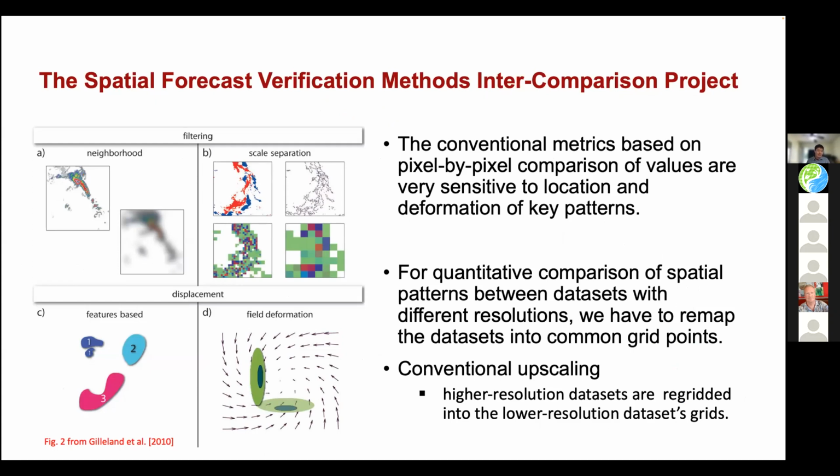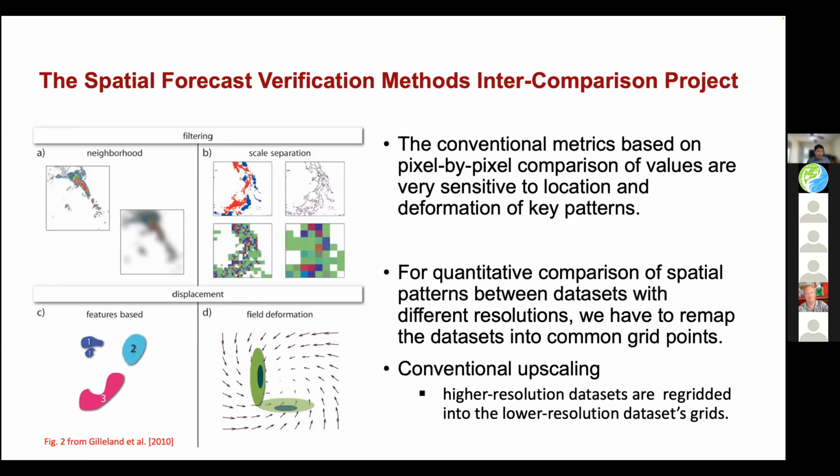I highly appreciate this project because conventional metrics based on pixel-by-pixel comparison of values are very sensitive to the exact location and deformation of a key pattern, which I'm going to talk about in the following slides as well. In this project, they provide four different ways to compare spatial patterns between observations and weather forecast models, and this is a really amazing approach.